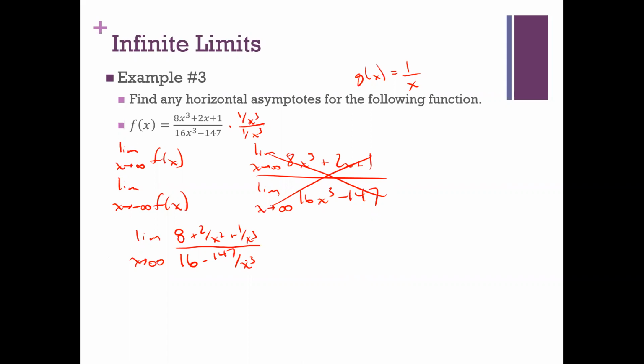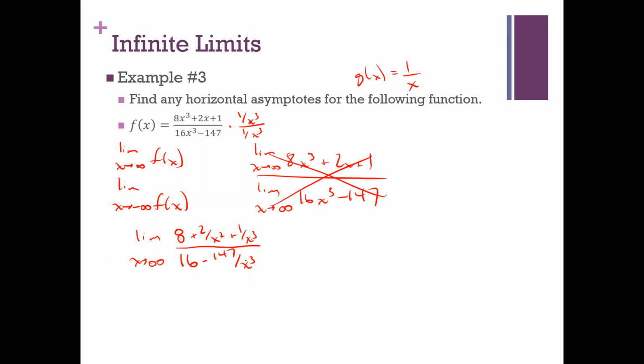Because now, what does that do for the limit laws for me? As x approaches infinity, what is 1 over x cubed going to go towards? 0. That exists. What does 2 over x squared go towards? 0, that exists. 8 is a constant. What's the 147 over x cubed going to go towards? 0.